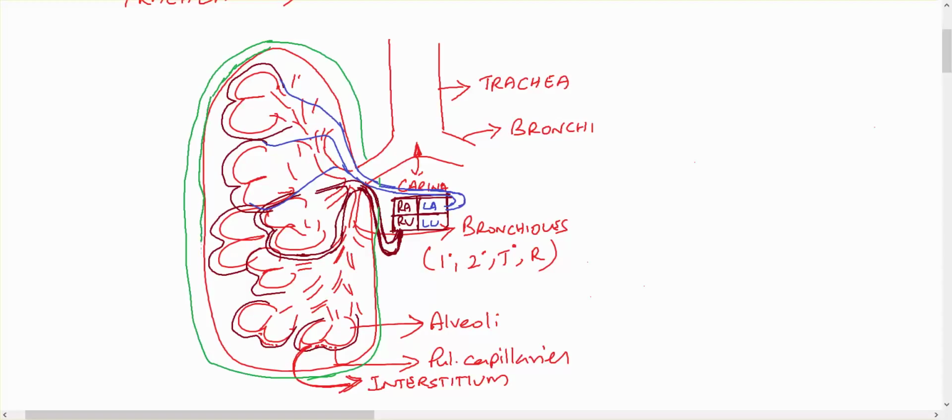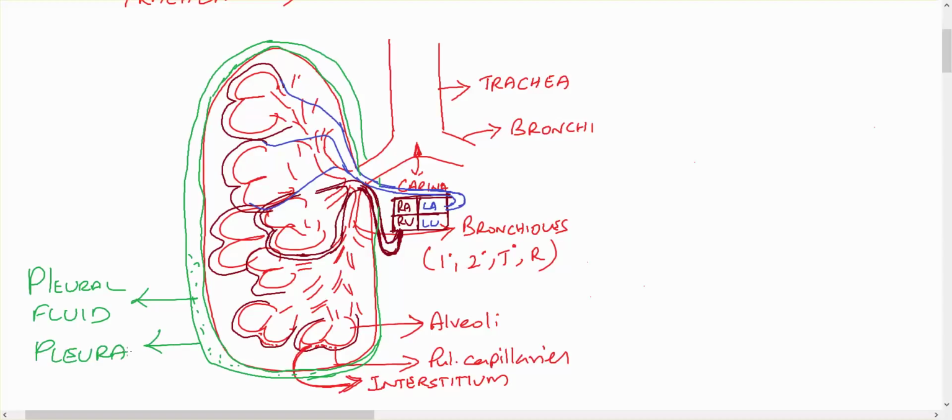It literally sticks to the lung. And in between these two layers we have fluid, which is called pleural fluid. This is the pleura.